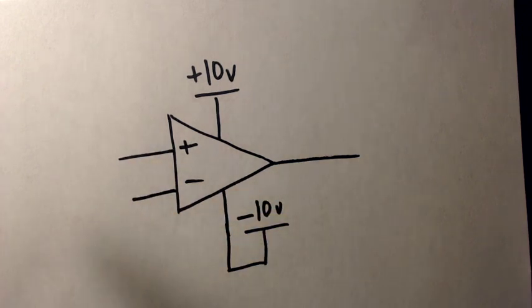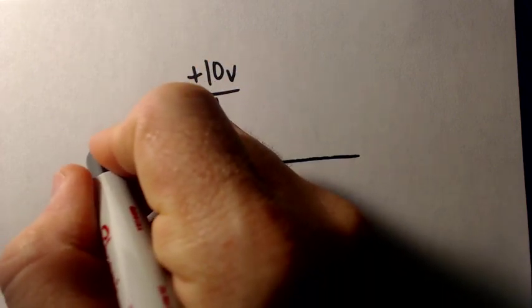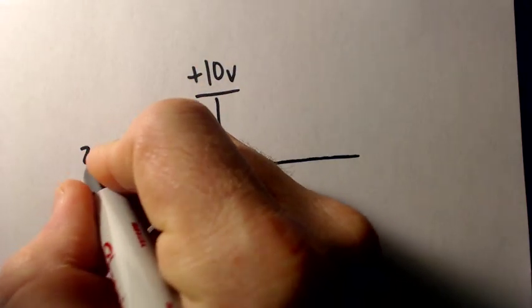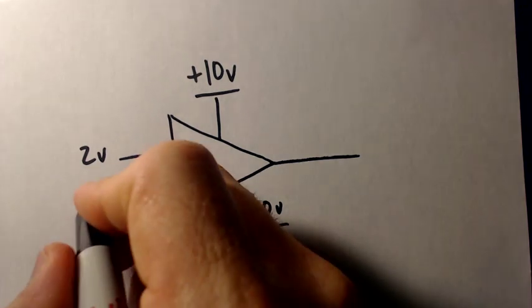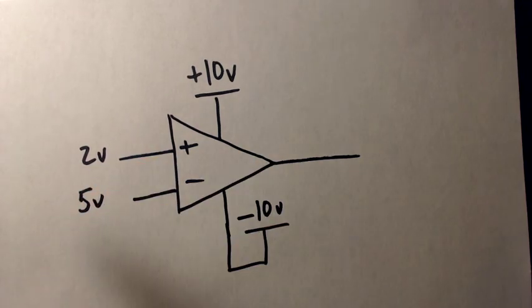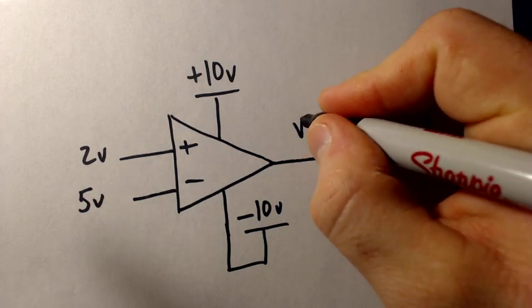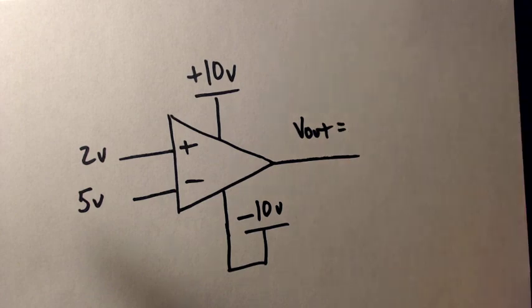And instead of having a small difference, I'll go ahead and do a large difference. Let's do 2 volts here, and let's do 5 volts there. Okay, and now the question would be, what is V out?